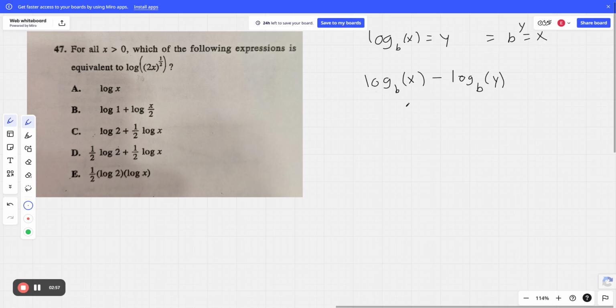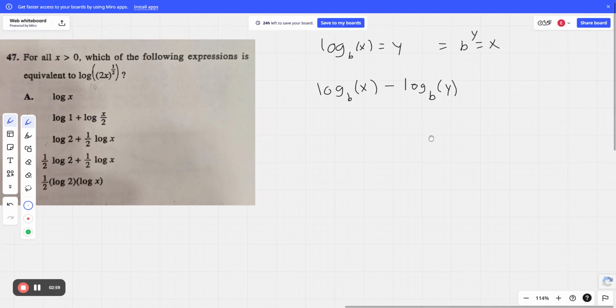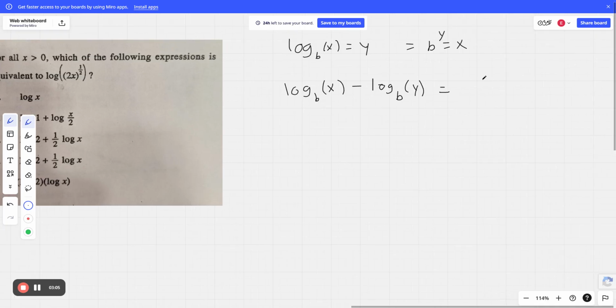If we have this equation, this also works vice versa, as you'll see what I mean. When we have an equation like this, it can equal this over this. We have to keep in mind that this works both ways.